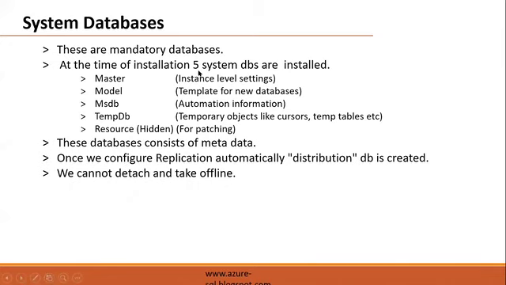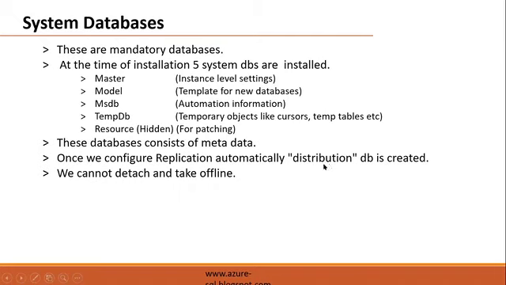At the time of installation, 5 system databases are created: master, model, MSDB, TempDB, resource. These databases consist of your metadata. Once we configure the application, one more database is created with the name distribution.